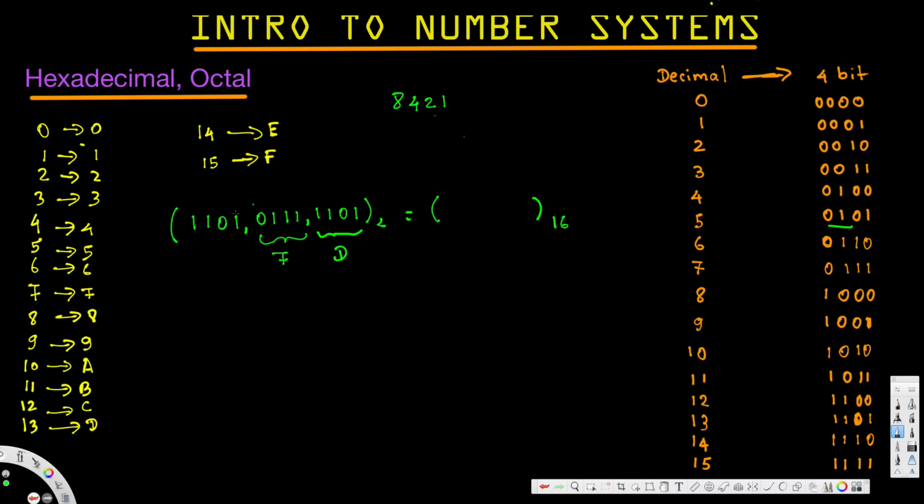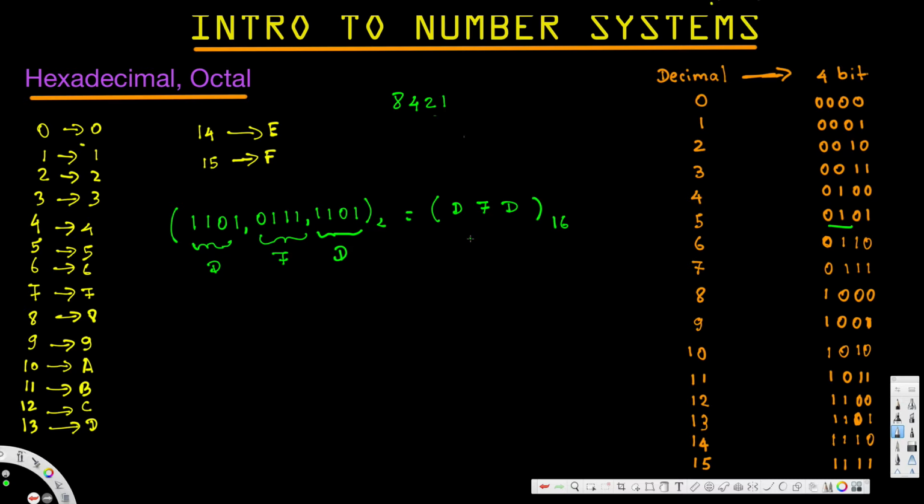And 1101, 8 plus 4 is 12, 12 plus 1 is 13. Again, this is going to be D. Right? 1101, yeah, D. So this is going to be D7D. So that's going to be the conversion from binary to hexadecimal.